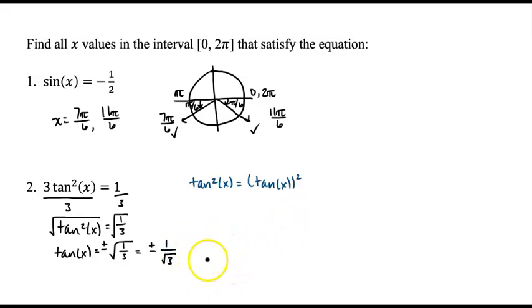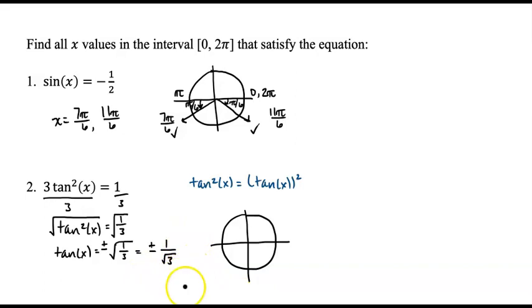Now this doesn't look like one of our basic angle identities. It's kind of hard to tell what tangent is, because tangent, if I think about this in terms of a unit circle, tangent is not my x or my y value. Tangent is the y value divided by x. It's sine divided by cosine.